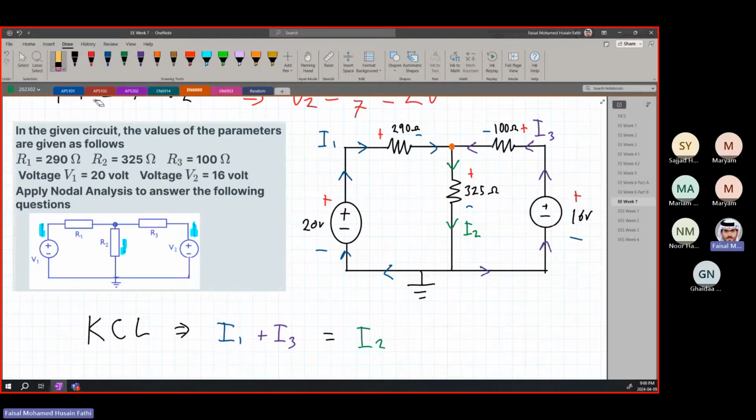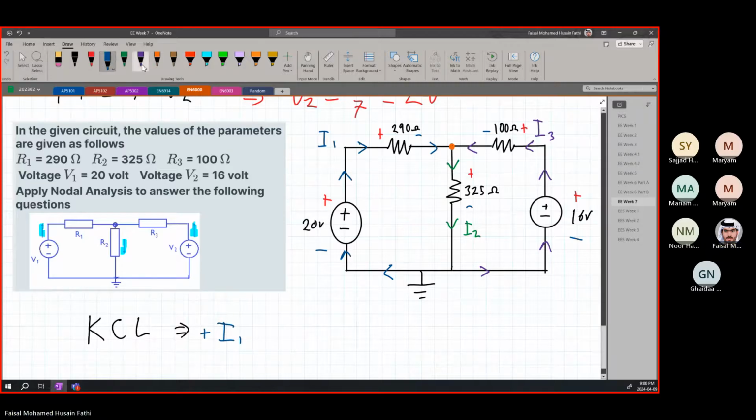Again, you can either do it this way or you can do it the way where anything going in is positive and anything going out is negative. So for example, it's plus I1. I2 is leaving, so it's minus I2. And I3 is going in, so it's plus I3. And this will be equal to 0. All right?